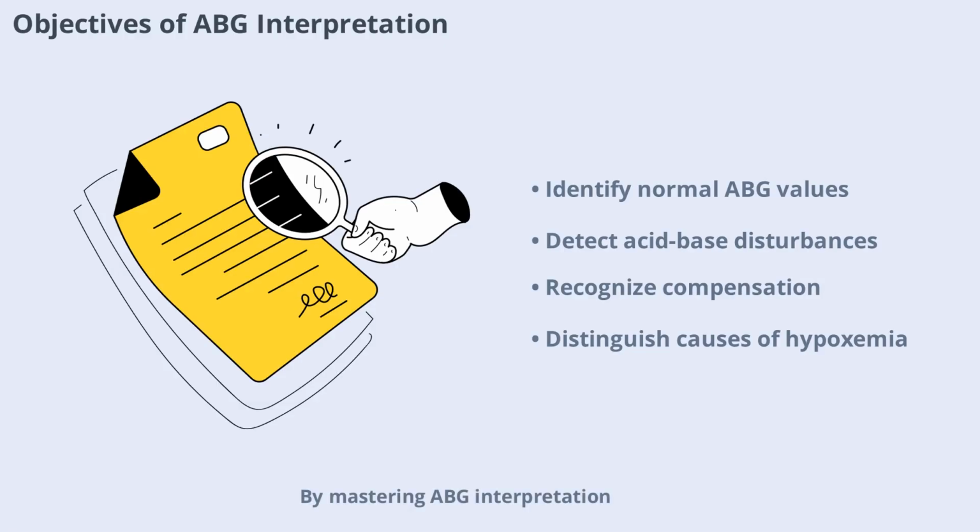By mastering ABG interpretation, you'll be able to determine if arterial blood gas values are within normal ranges, identify primary acid-base disturbances and mixed disorders, assess whether compensation has occurred, and distinguish if hypoventilation or other mechanisms are causing hypoxemia. These skills are crucial for making informed clinical decisions and ensuring optimal patient outcomes. Keep these goals in mind as we move through each section of the video.